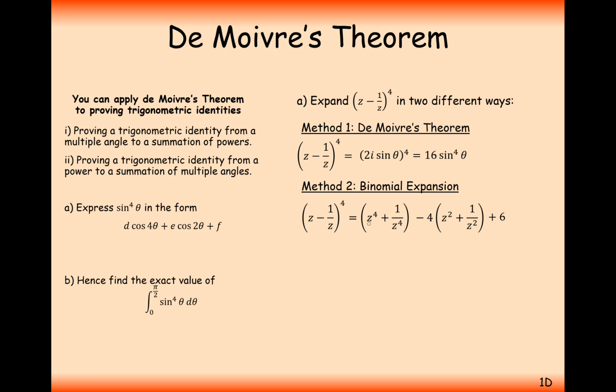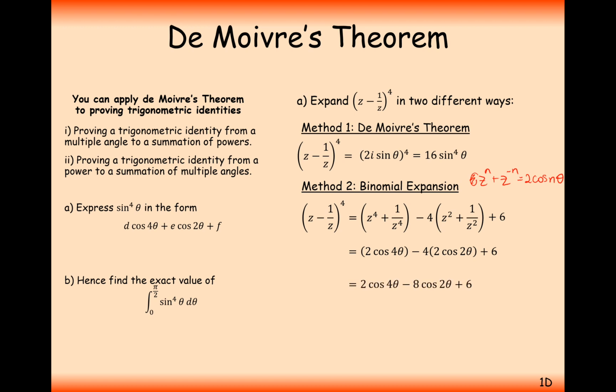We can use the theorem, what's the theorem again? It's z to the n plus z to the minus n equals 2 cos n theta. To get 2 cos 4 theta minus 4 lots of 2 cos 2 theta plus 6.